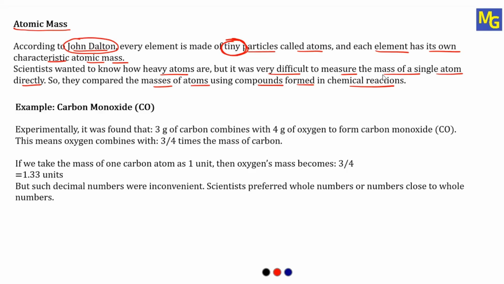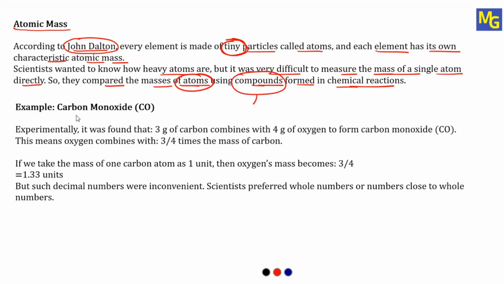So it was very difficult to measure the mass of a single atom directly. So they started comparing the masses of atoms using compounds formed in a chemical reaction. Whenever a chemical reaction occurs, two or more elements combine and give a compound. In these compounds, they started comparing the masses of the atoms.